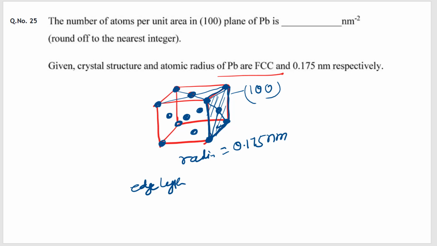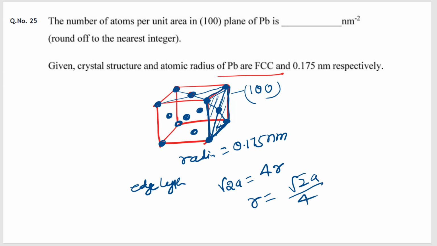And we know in the case of FCC that radius is nothing but root 2a by 4, right?